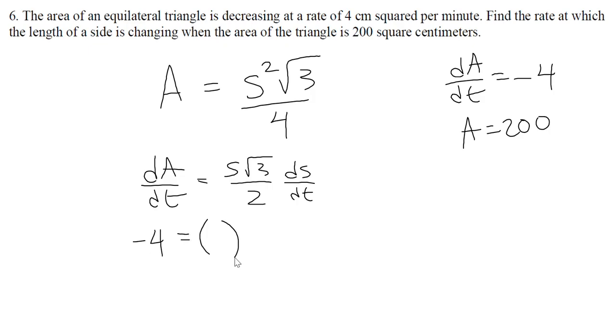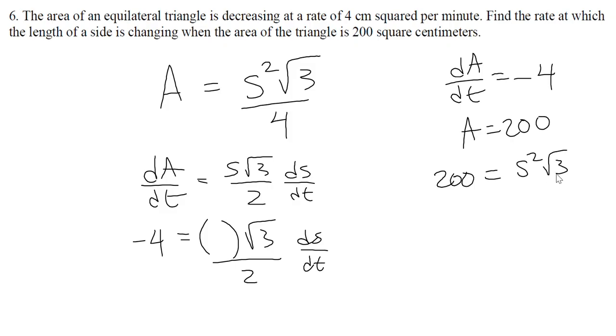And we don't know what s is offhand yet. And we're looking for ds dt. So we do need to figure out what s is. So we're given that the area is 200. So we need to just say, well, 200 is equal to side squared root 3 over 4. Or the side squared is equal to 800 over root 3.